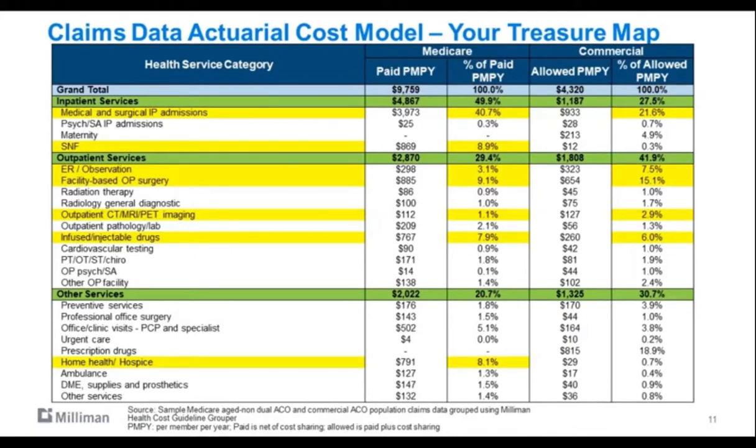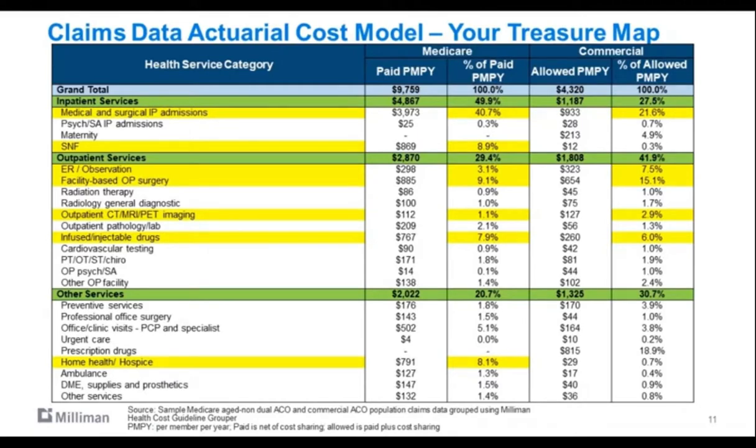9% of Medicare spend, 15% of commercial spend in a commercially insured population is based just on facility-based outpatient surgery. That's the professional and the facility reimbursement. And then we go down with high-tech imaging. Infused injectable drugs is another big cost driver, 8% of Medicare spend, 6% of commercial spend.